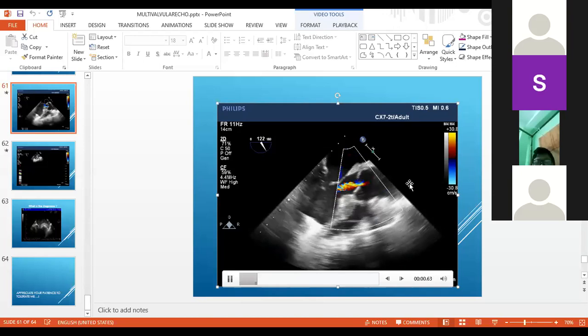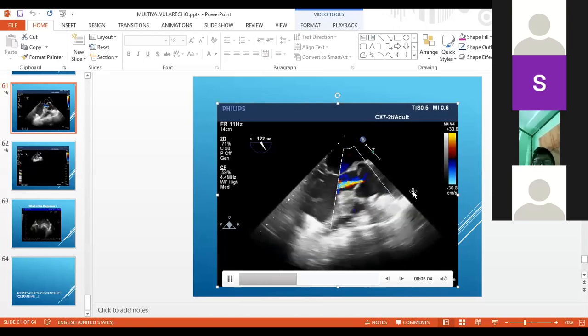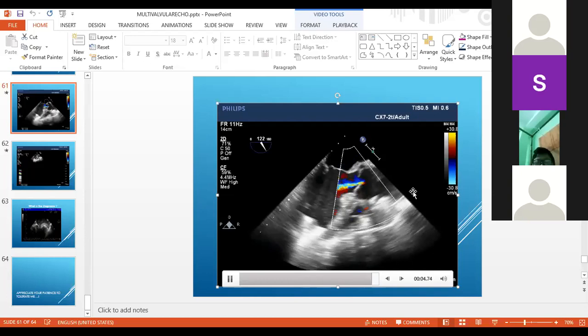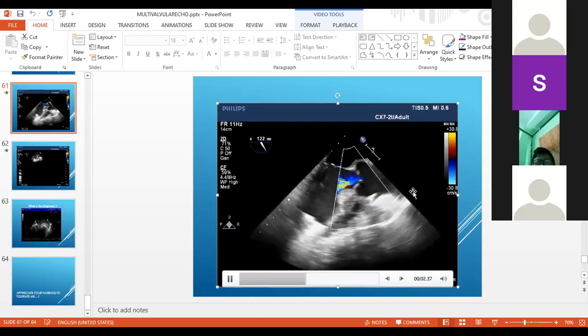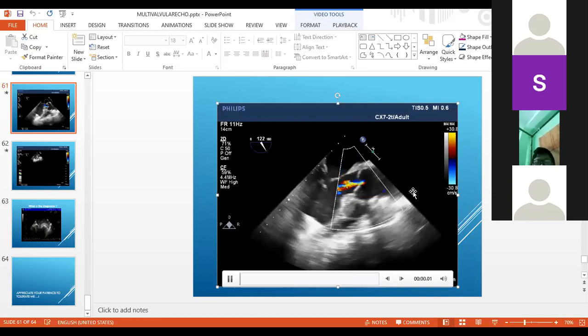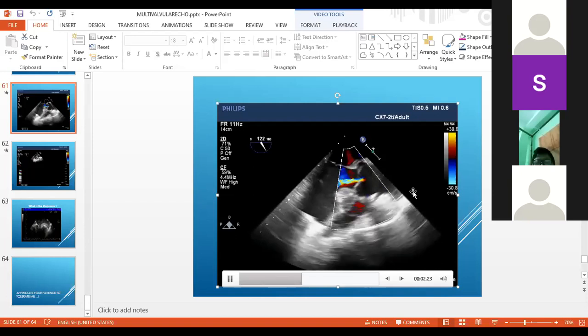And this is the place where they have injected it. Now this is running through a continuous motor. And this continuous motor is such that it sucks in the blood from the LV and pushes it into the aorta. And if you have an aortic regurgitation, it will keep showing in systole and diastole.